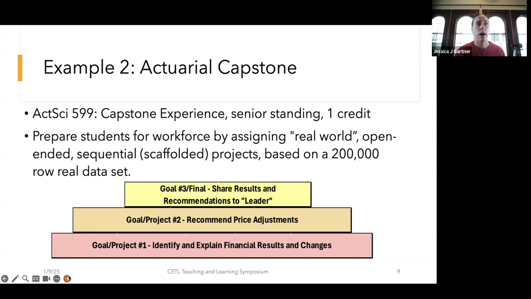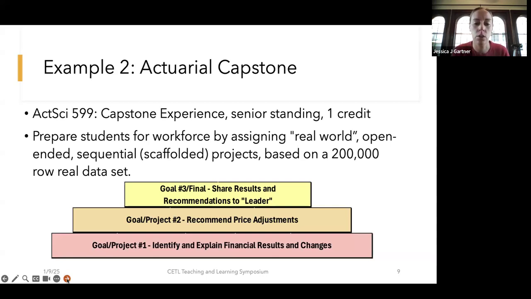And if you think about it, that's what a lot of people need to do in their careers, not just actuaries. It's taking one step beyond the initial assignment and making recommendations or asking meaningful questions to your leaders, to not just answer the question, but take it one step further. So they need to recommend changes to the pricing structure. That would be that second box there, the second goal.